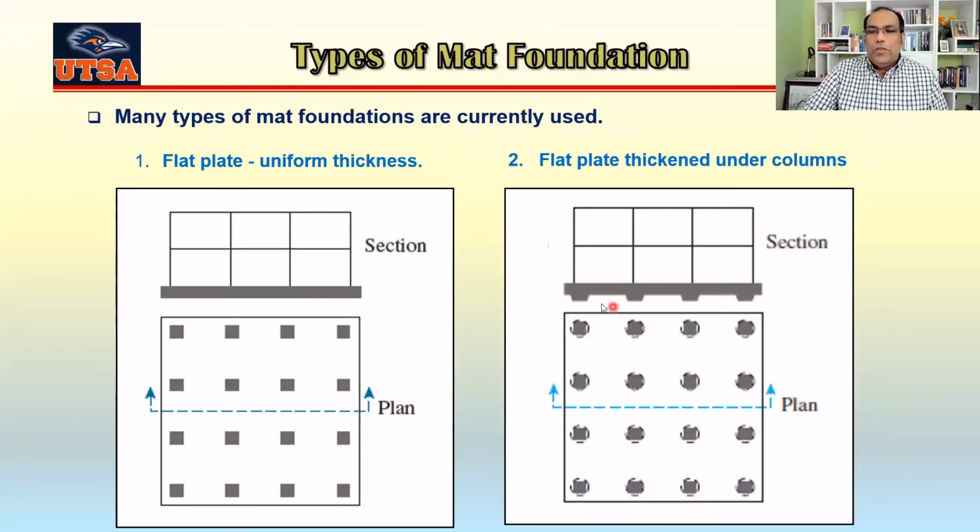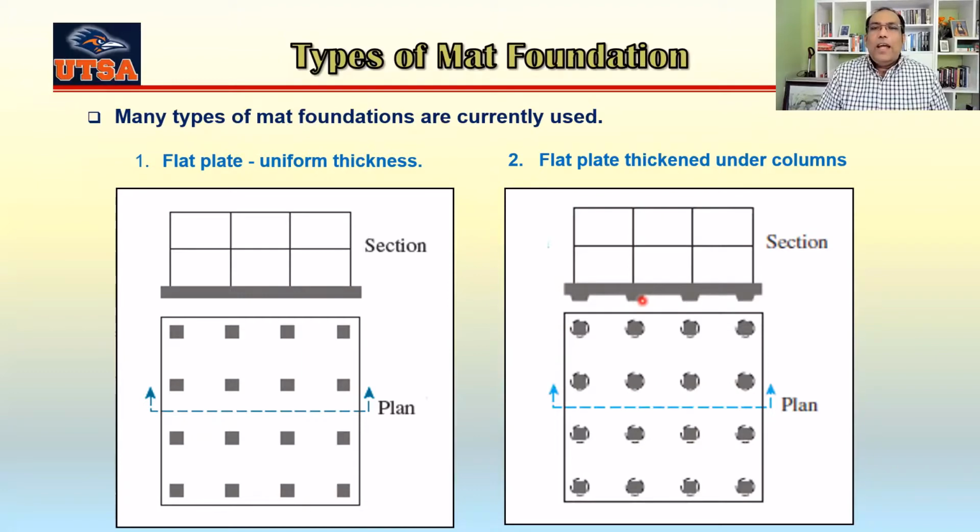So you can see this is your plate, but there are some thickened parts here just below the columns. Actually, this one should move a little bit to this side. So you can see these are what we sometimes call pedestals at the bottom. Why is this one a little thickened here?